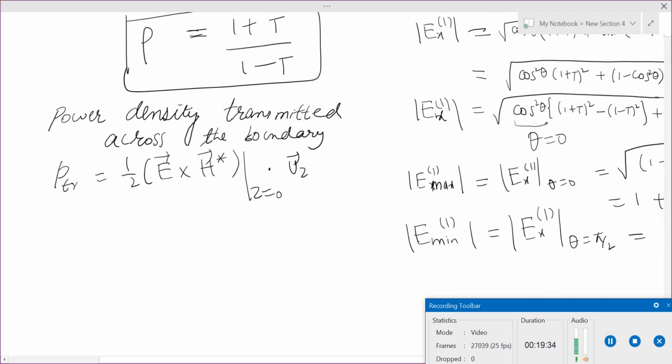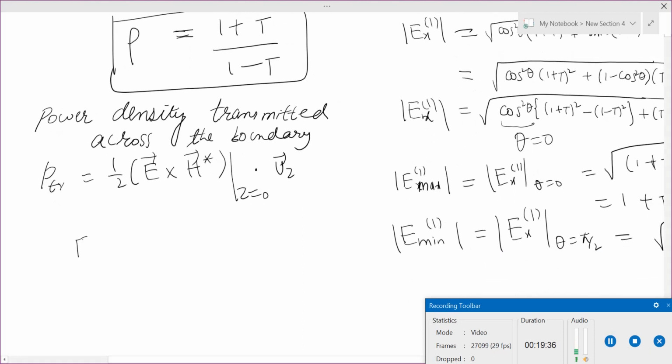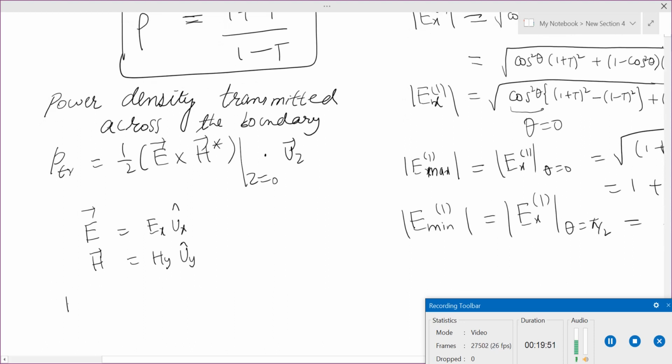We know that the electric field here has only one component, Ex, in the direction of x, so Ux. And the magnetic field has only one component in the direction of y. So E cross H star.